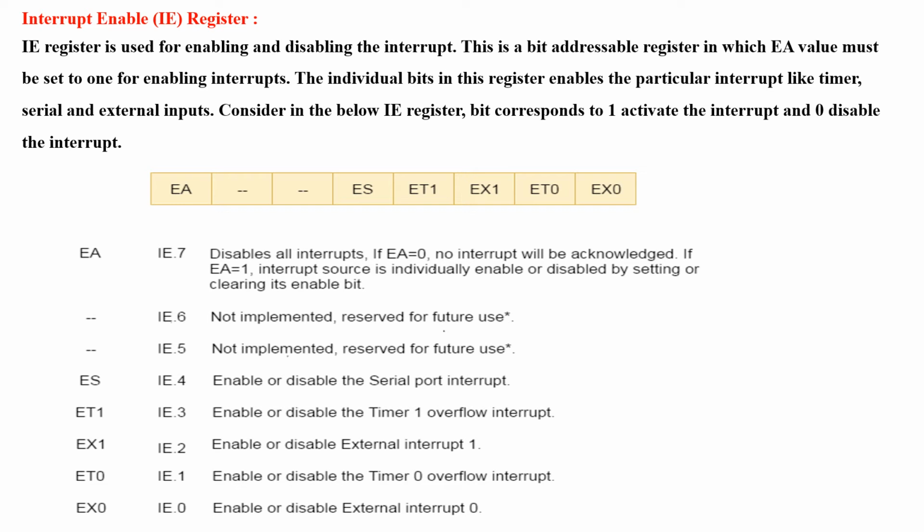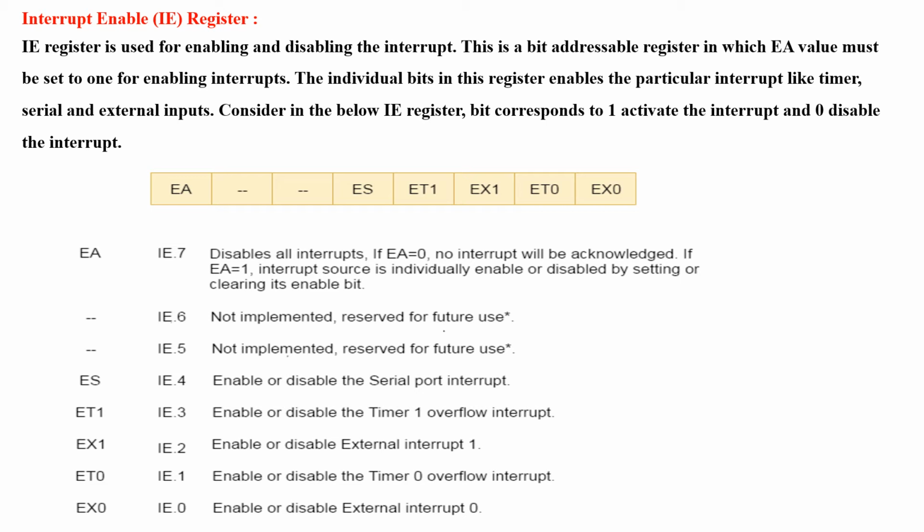ES is the 4th bit of the interrupt enable register. It is used to enable or disable the serial port interrupt. ET1 is the 3rd bit of the interrupt enable register. It is used to enable or disable the timer 1 overflow interrupt. EX1 is the hardware interrupt enable bit 2.